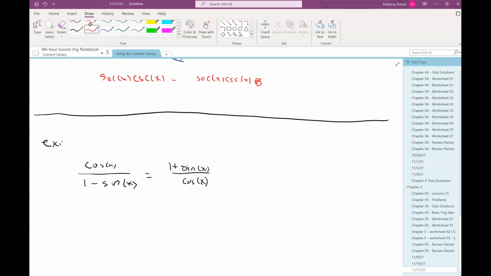Let's do another example. So we have cosine over 1 minus sine equals 1 plus sine over cosine. First, let's decide which side we want to work on, the left side or the right side. Is one more complicated than the other? I don't really think so.